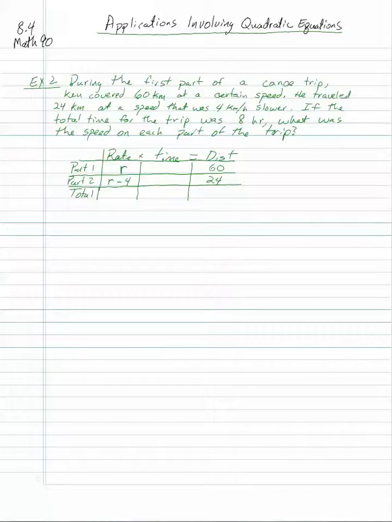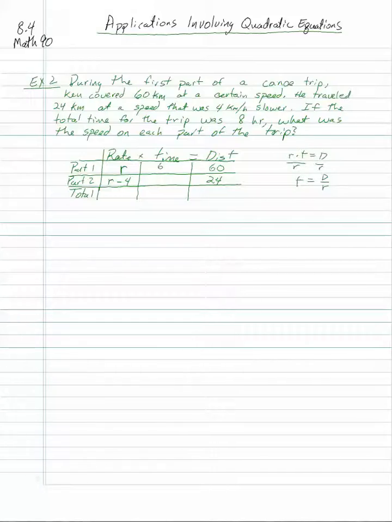Now, if we have the formula R times T equals distance, and I want to solve for T, since I have the rate filled in, which is R for line 1, and the distance is 60, you would divide both sides by R, and T is distance divided by rate.